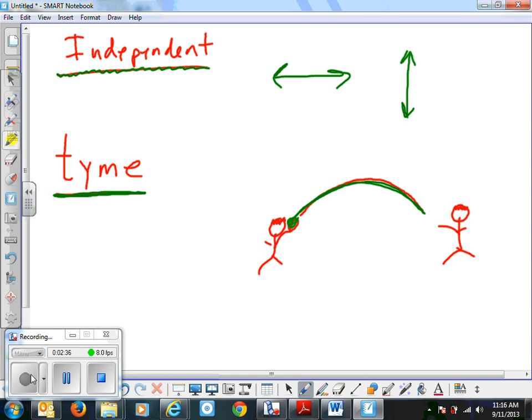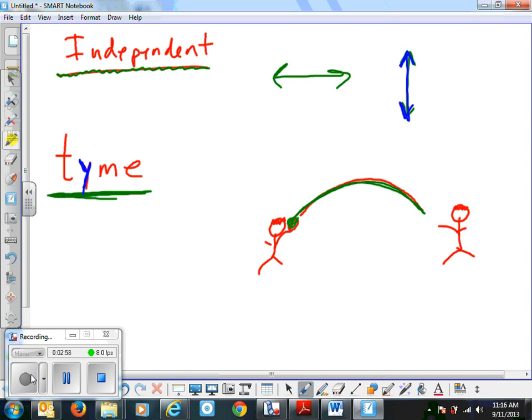And why do you think we have time here spelled with a Y? Well, it's because most of the time, the occurrence is dictated by whatever is happening in the Y direction.